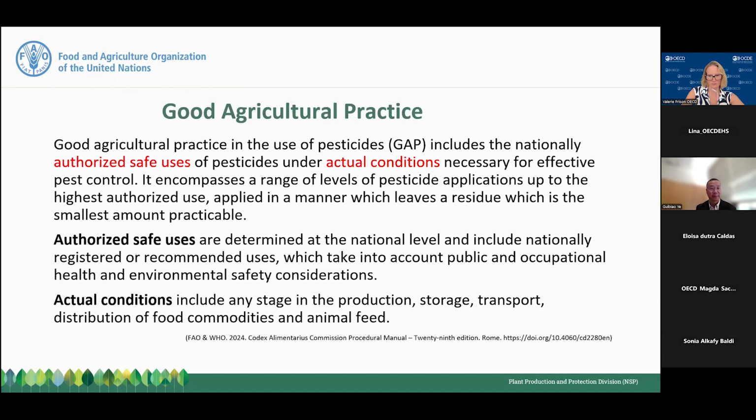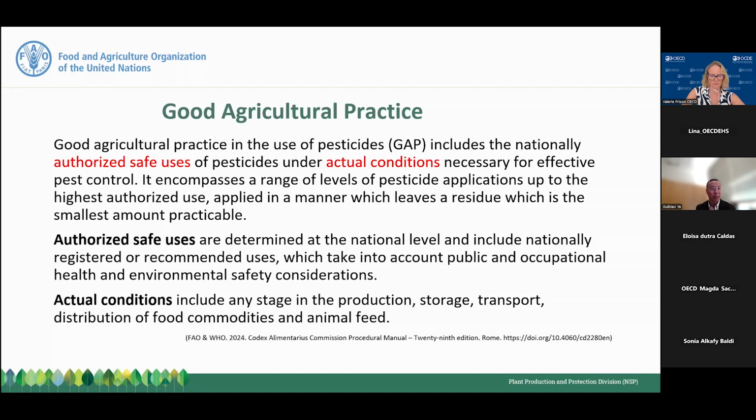So they may publish a policy or recommended use nationally, which will for sure be decided in consideration of effective pest control. They will consider public and occupational health and also environmental safety together and propose to authorize the safe use.